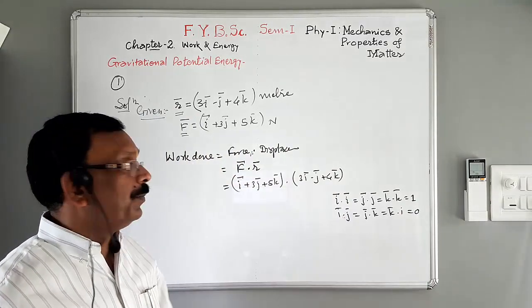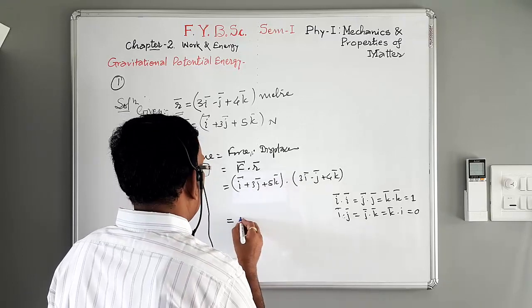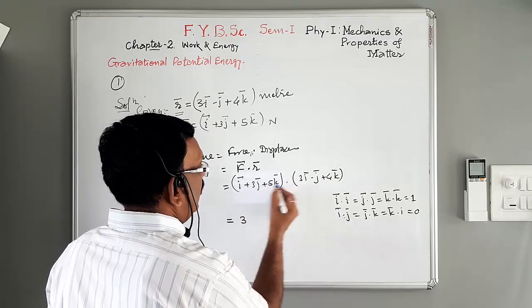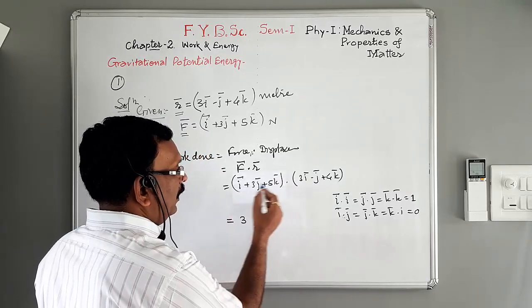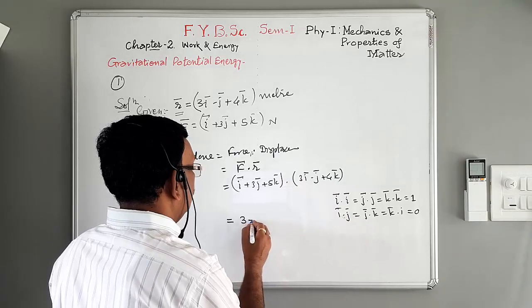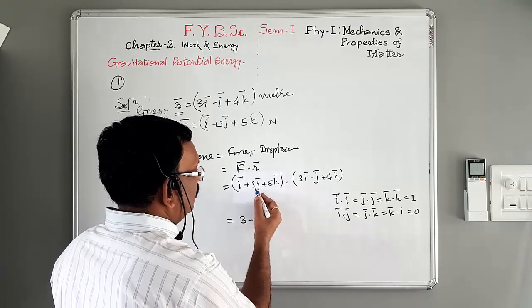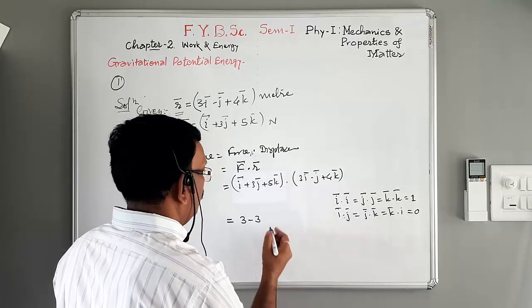By using this property in this equation, here i into 3i, plus 3i into j, or we can say that vector i dot vector 3i is equal to 3, because i dot i is equal to 1. Then 3j dot j minus 3j dot j is equal to 1.